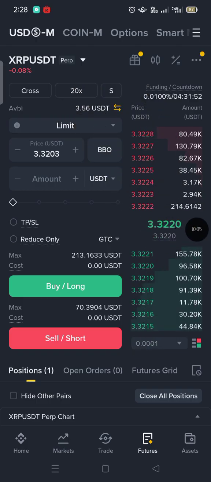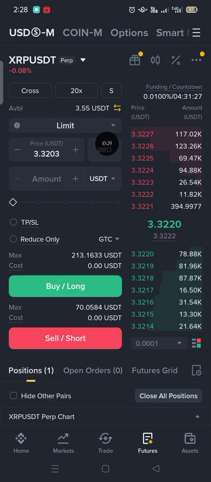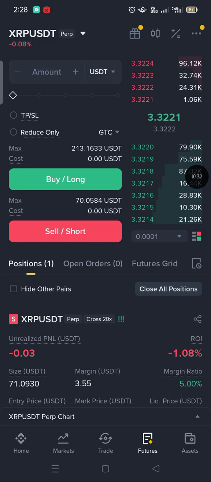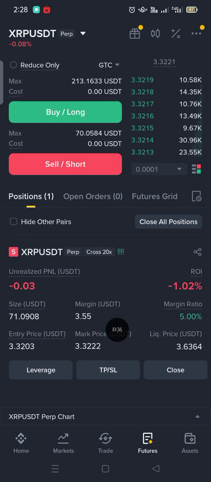That is cross. They will deduct the negative balance from your balance, until your balance is over, and that is when they will come to your position to start deducting the margin here.